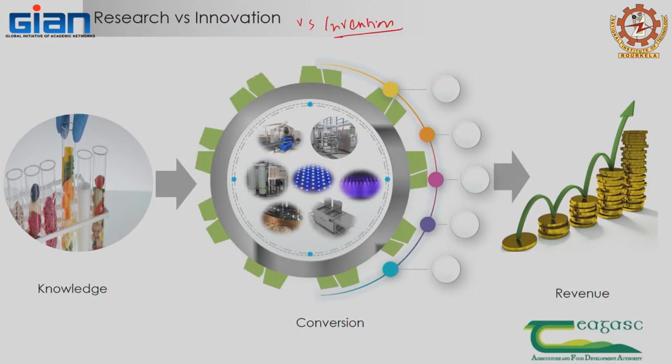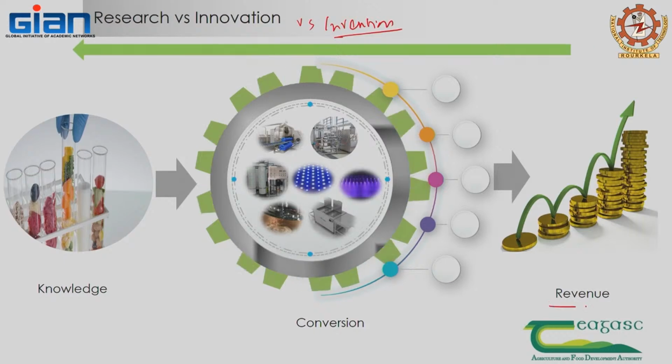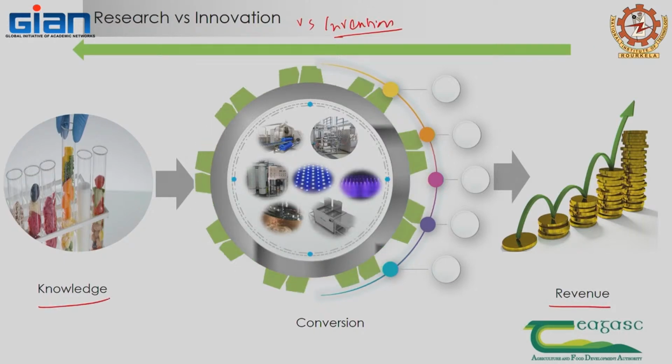That means scientific knowledge is there, and generating knowledge can be an invention, creating a new space of knowledge, and when you convert that into revenue, that will be known as innovation. Whereas revenue used to create knowledge will be research. Institutions get money, and you pay fees to get the knowledge.